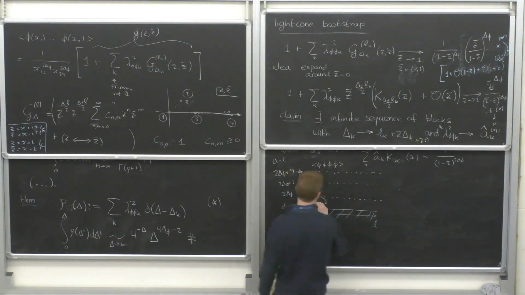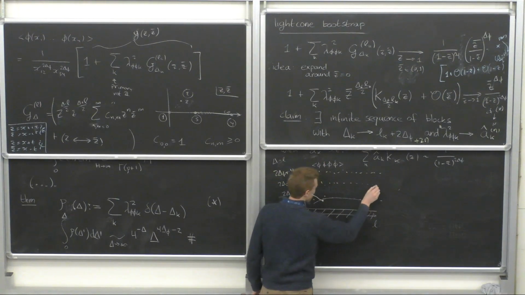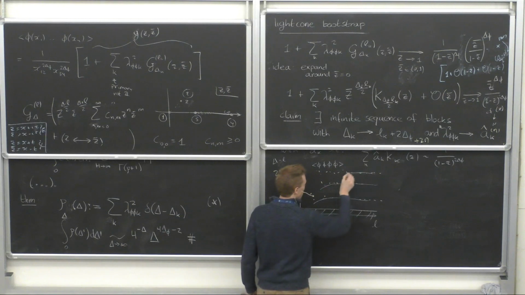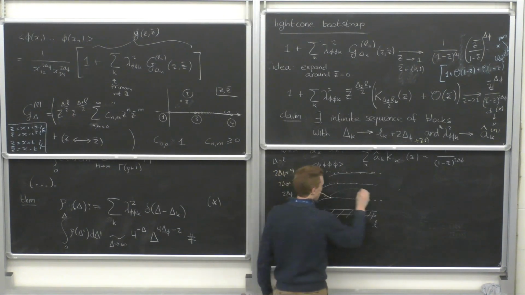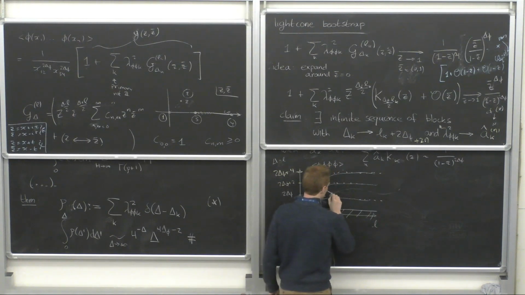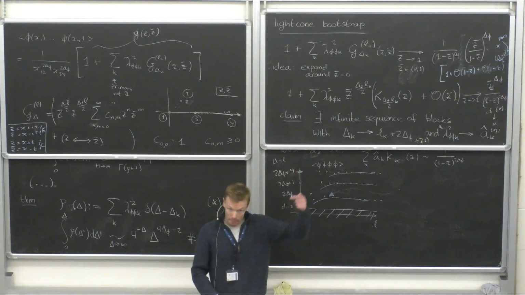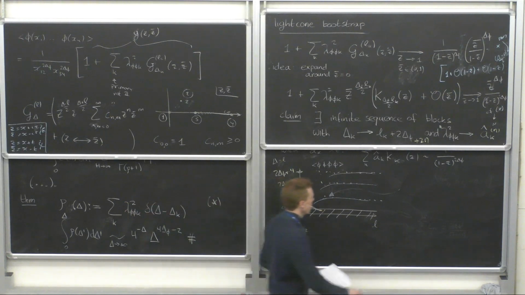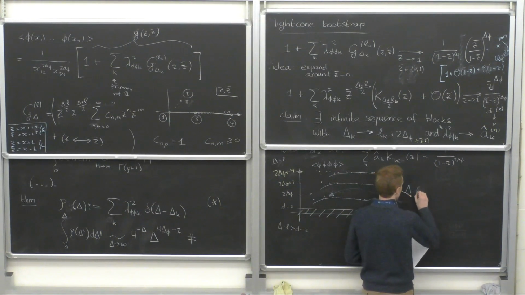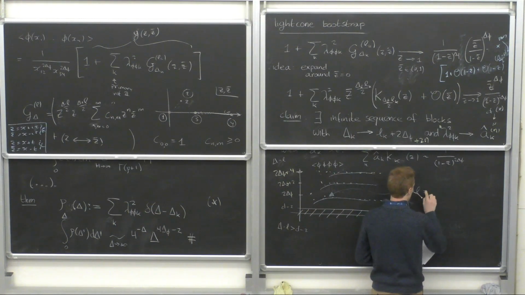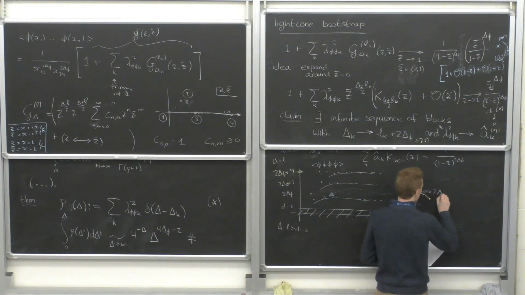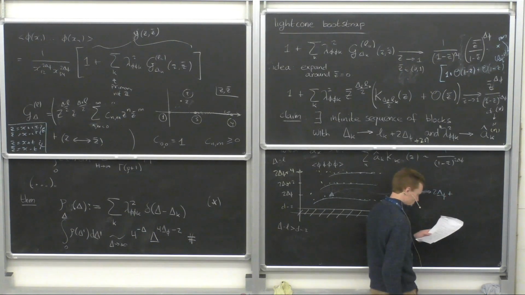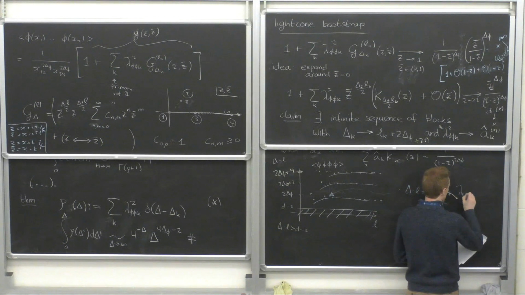We'll find that these corrections here are dictated by the blocks that appear in the 2-3 OPE. So you really have that delta minus L goes to 2 delta phi plus the contribution from some block.